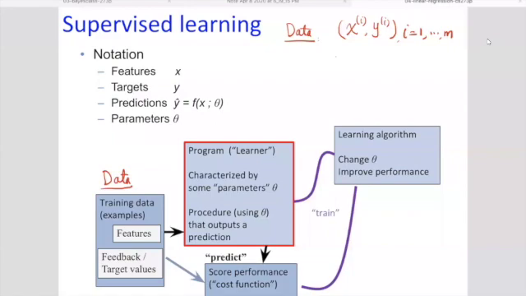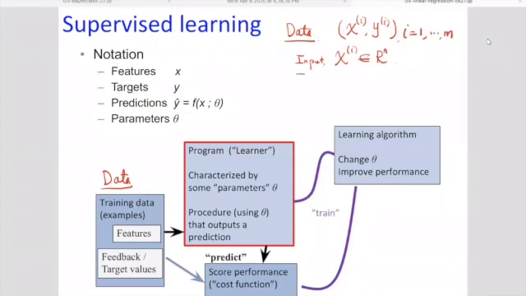In general, we're going to make the assumption that x^i is n-dimensional, which means that the input data will contain n features. Y here is the target, and x is the input.